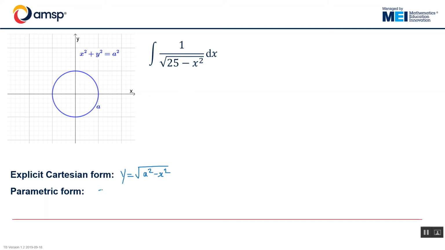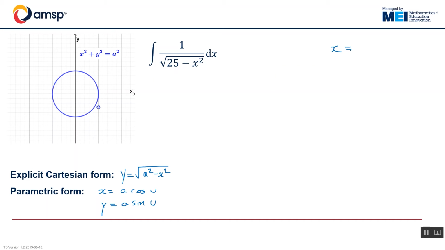I can also use the standard parametric form for this of x equals a cos u, y is equal to a sine u. That suggests a substitution. The denominator here looks like y, so if I use a substitution of this for x, all of this can be replaced with the expression for y.